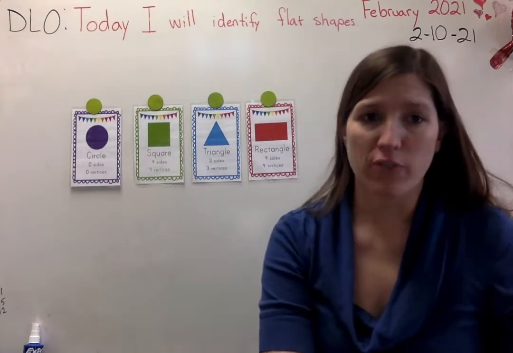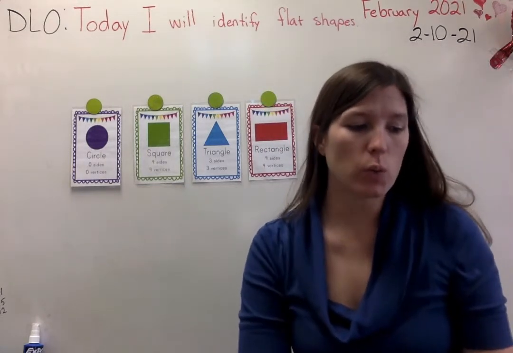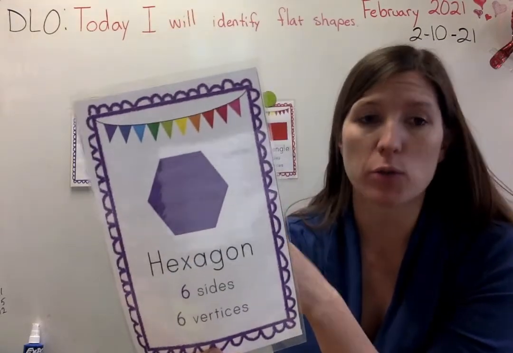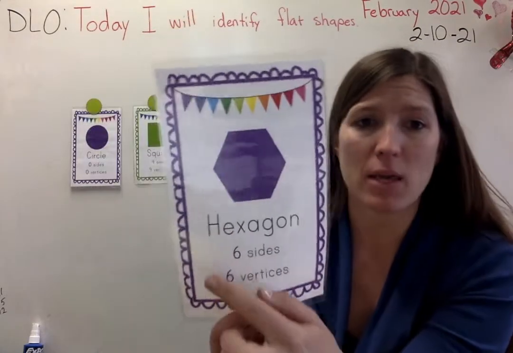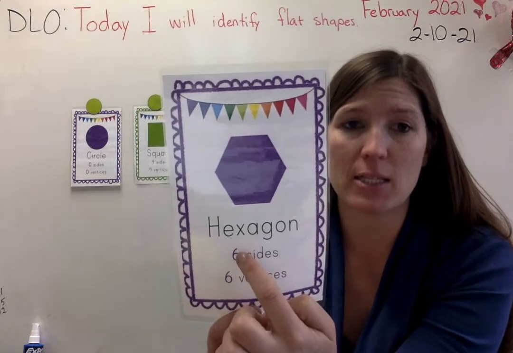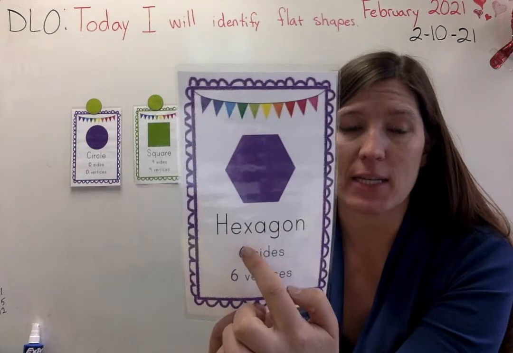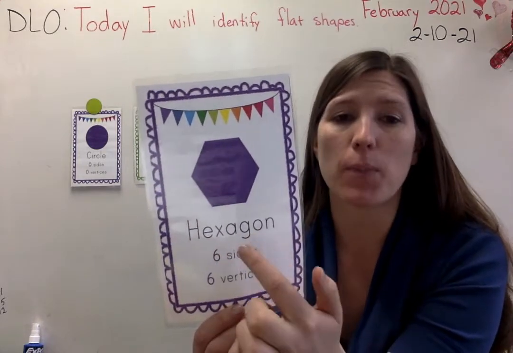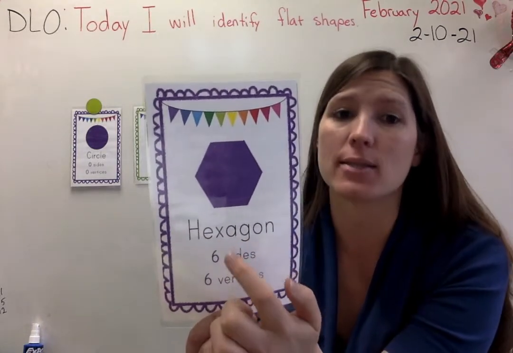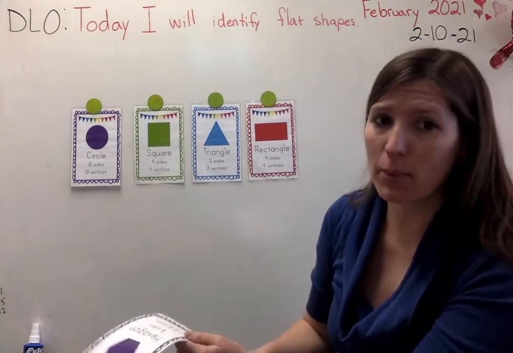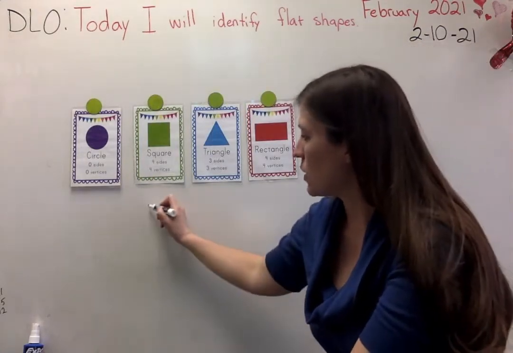The last flat shape that we're going to learn is called a hexagon. Just like a triangle, tri means 3. But here, hex means 6. An easy way to help remember that a hexagon has 6 sides is the number 6.